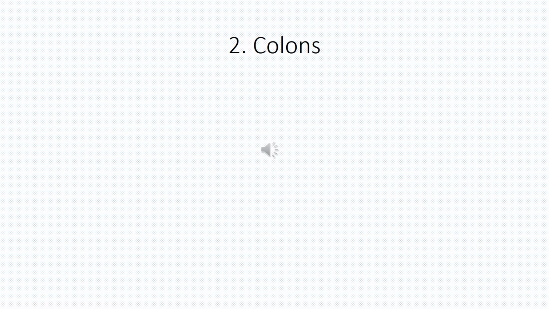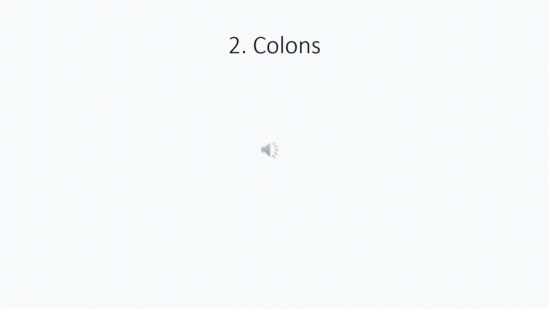And here is the third usage of colon. Very commonly we see this usage: to introduce a speech or a quotation. Before a speech mark, in actual spoken words, who is giving this speech, from whom it is coming.